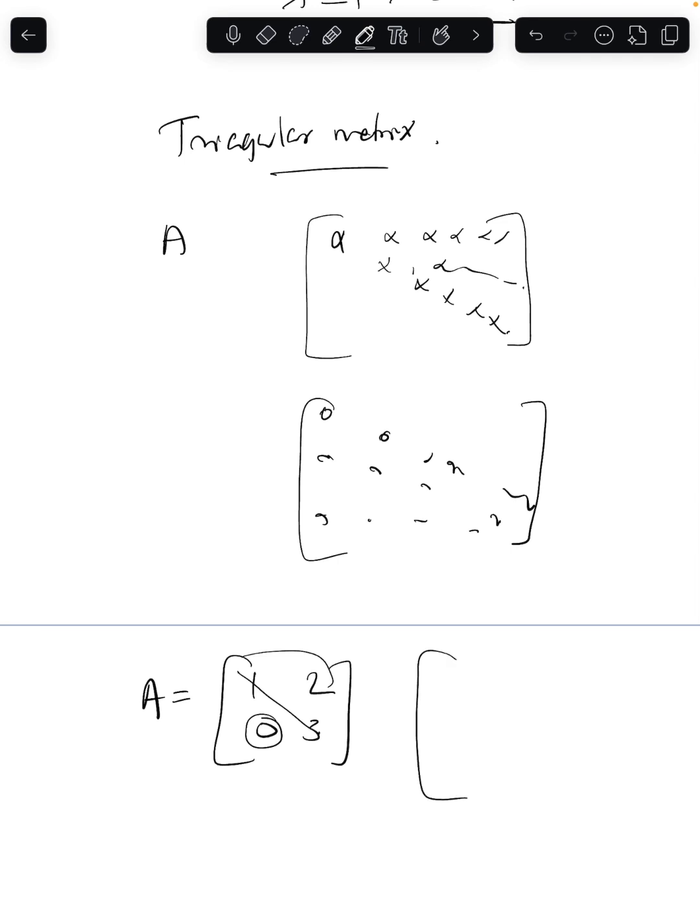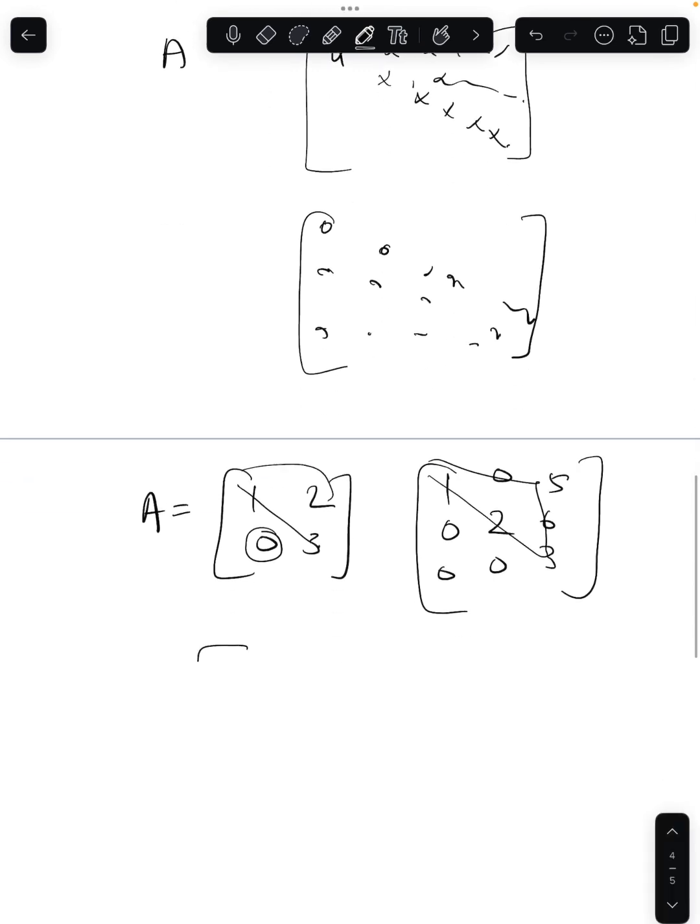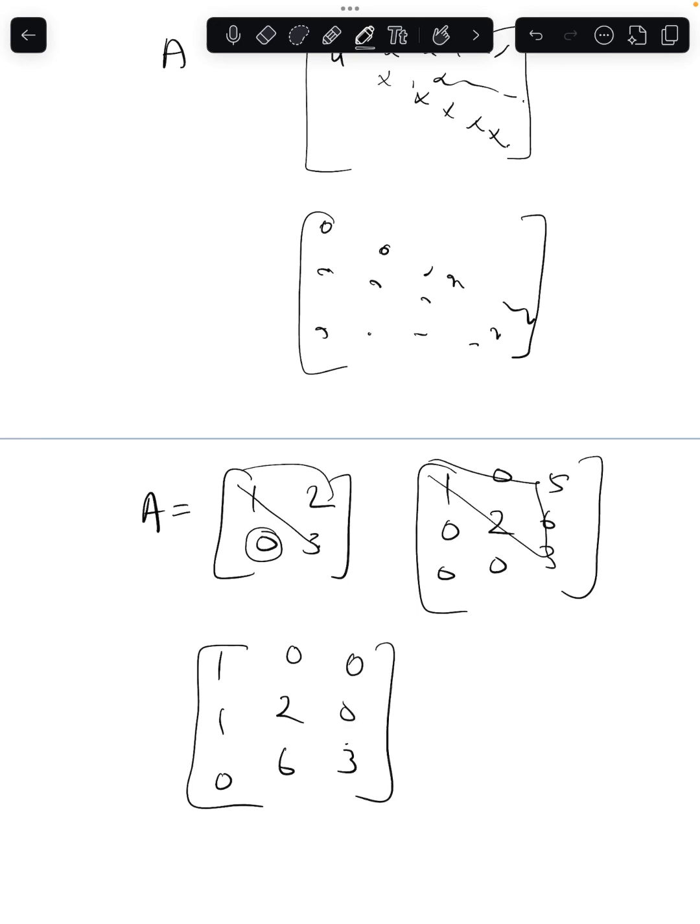Remaining elements are 0. In a 3 by 3 matrix, 1, 2, 3, 0, 5, 6, 0, 0, 0, this is also a triangular matrix since non-zero entries are only in the diagonal entries and the upper side of the diagonal. And this is also a triangular matrix: 1, 2, 3, 1, 0, 6, 0, 0, 0.